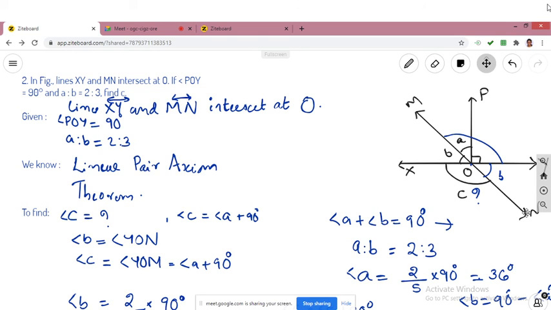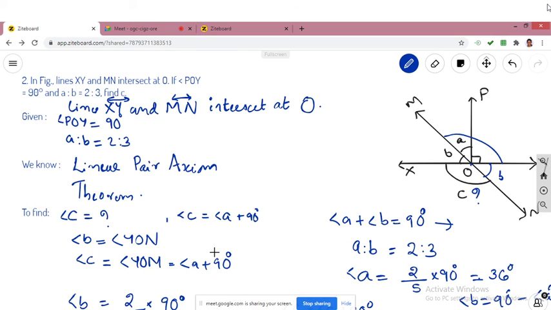We needed to find angle C. We knew the linear pair axiom and the theorem which states that vertically opposite angles are equal when two lines intersect. So we found that angle B and angle YON are equal, and angle C is equal to the sum of angle A plus angle POY.